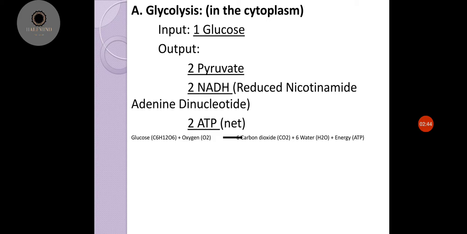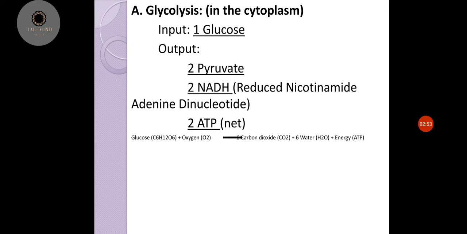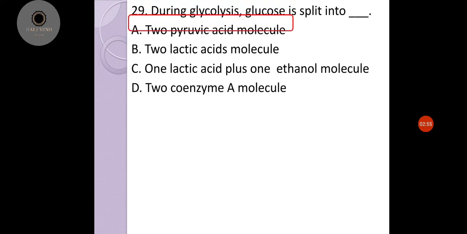Now, these 2 pyruvates are also known as pyruvic acid. So our answer here is letter A, 2 pyruvic acid molecules. So from glucose, it will be split into 2 pyruvic acid molecules during glycolysis.